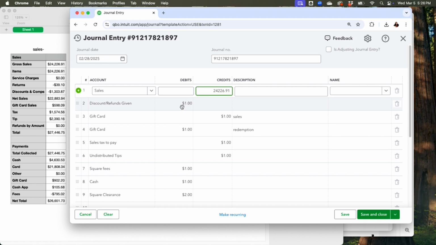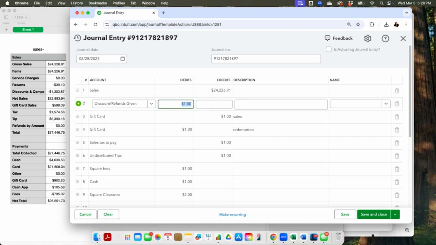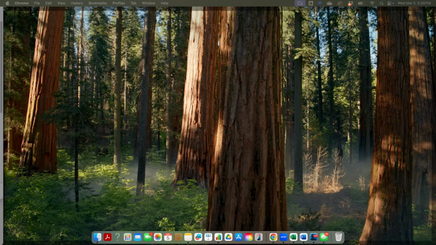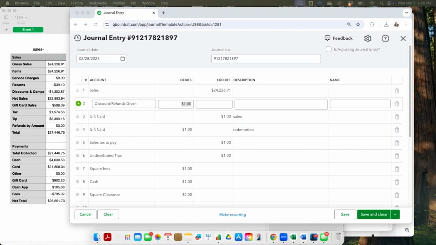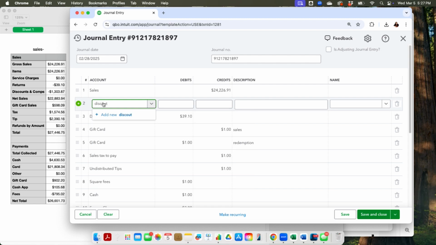Those are all bogus numbers I created, but when you send this information from Square, this is how it's gonna look, okay? Discount given, usually I put discount and refunds in the same place, but if you want to use it separately, you can. All right, so I can create a second line here, so I can do refunds as 39.10 and discount again.